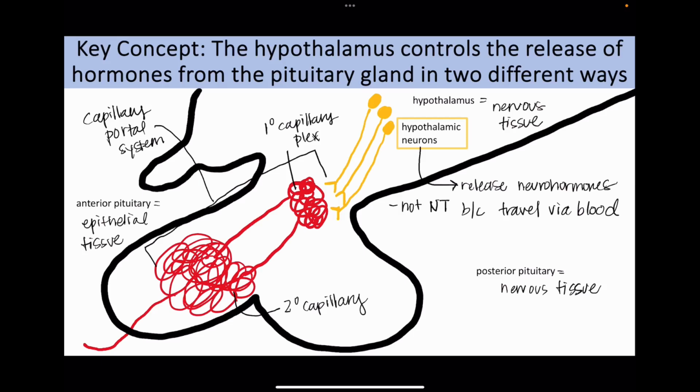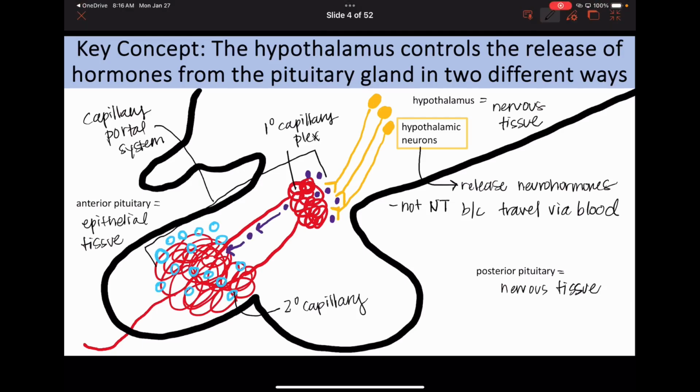So how this works is that the hypothalamic neurons are going to release a neurohormone. Those are those purple dots there. Those neurohormones are going to travel down that portal system to a different set of cells in that secondary capillary plexus. And the secondary capillary plexus, these cells here, these are epithelial cells, little blue circles are epithelial cells.